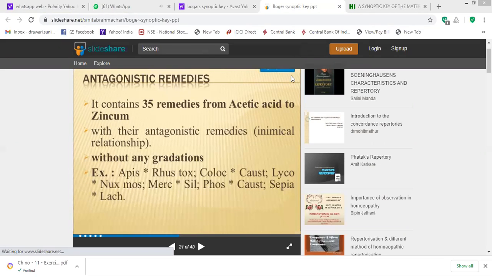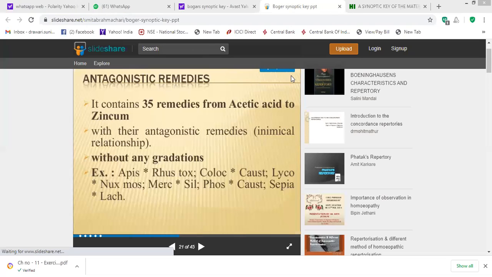So, this was the difference between antagonistic remedy and antidotal remedy. Under antagonistic remedies, about 35 remedies are mentioned, also arranged alphabetically from A to Z with their antagonistic or inimical relationship.